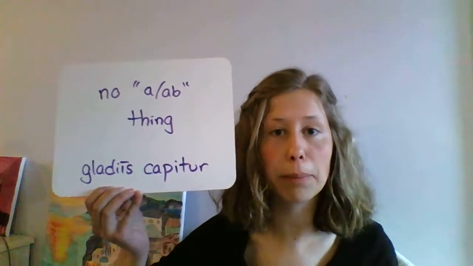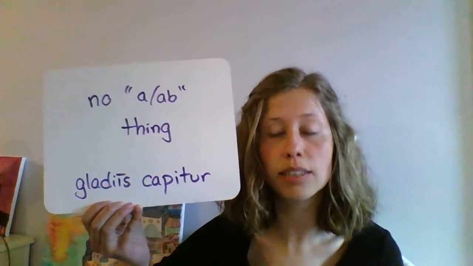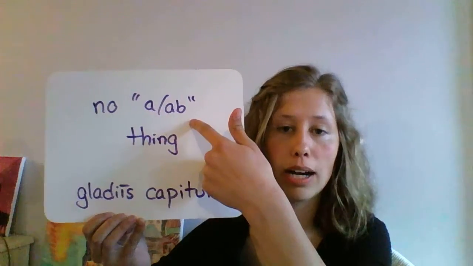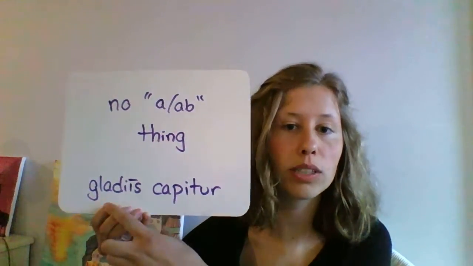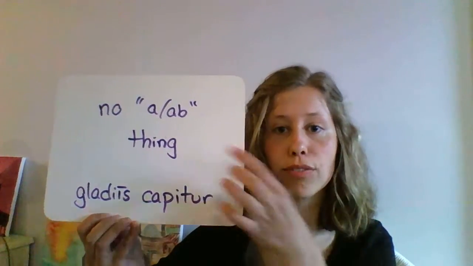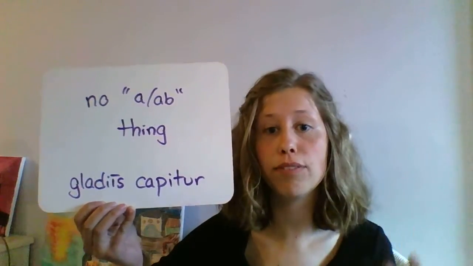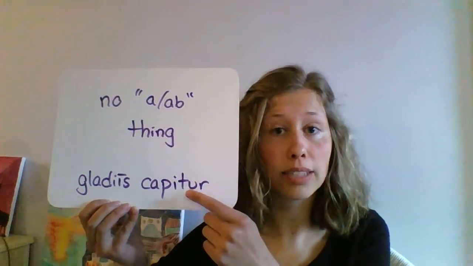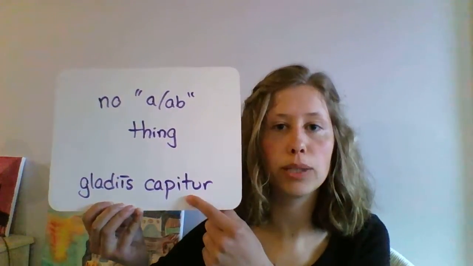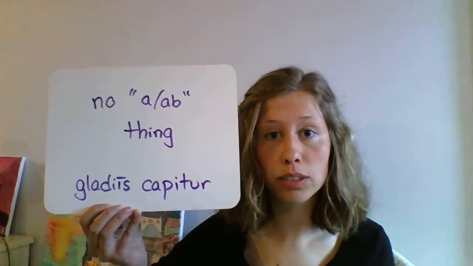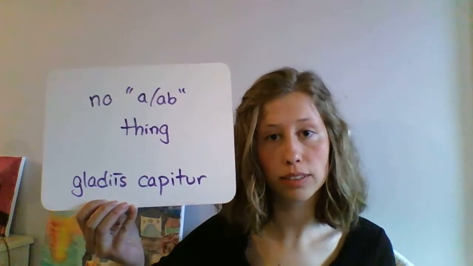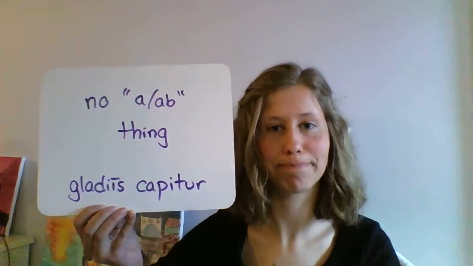You can translate it by means of or just by swords, but there's no word a or ab, and it's a thing. Swords are just an inanimate object, and therefore they're means, rather than if you said it is seized by soldiers, for instance, you'd have capitur a militibus, by soldiers, with an a or ab.